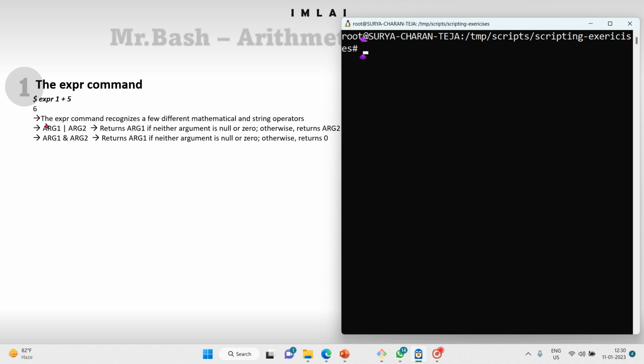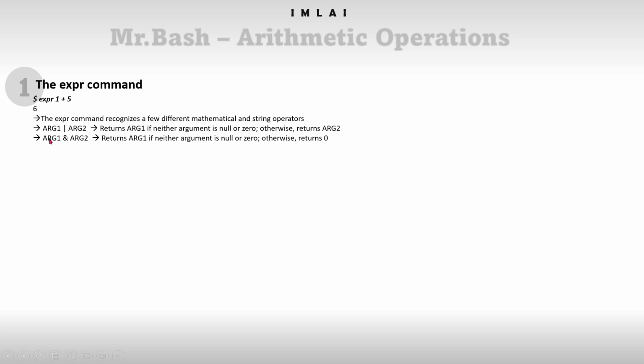Here, 1 is argument 1 and 2 is argument 2. If you use a vertical bar in between argument 1 and argument 2, then that returns argument 1 if neither argument is null or 0, otherwise it returns argument 2.